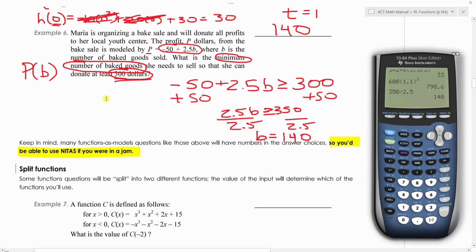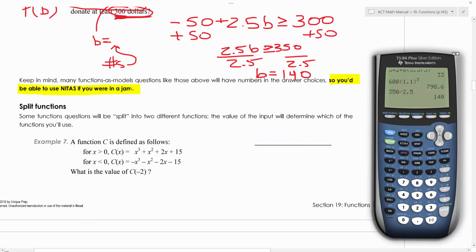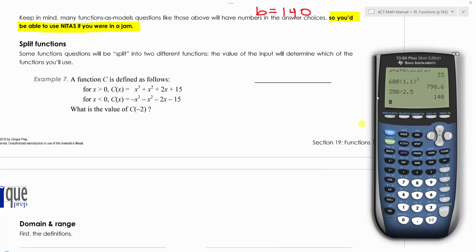So if you have already done the NITIS section of the manual, you know that when there's numbers in the answers and the question is asking us for a single specific thing, like on this question, they're just asking us for what B would have to equal, we could take those numbers, plug them in for B into this expression, and find out which one hit that $300 mark. So you could use NITIS on a question like this, and on a lot of the model questions.